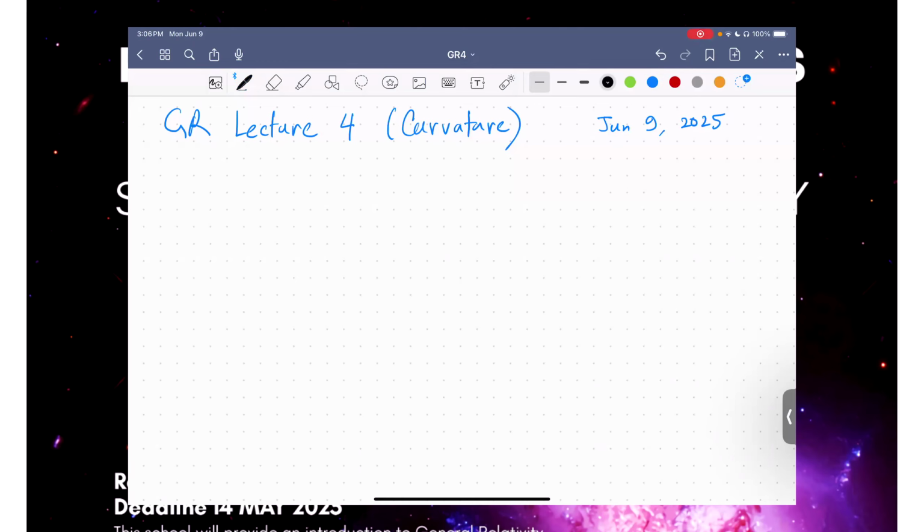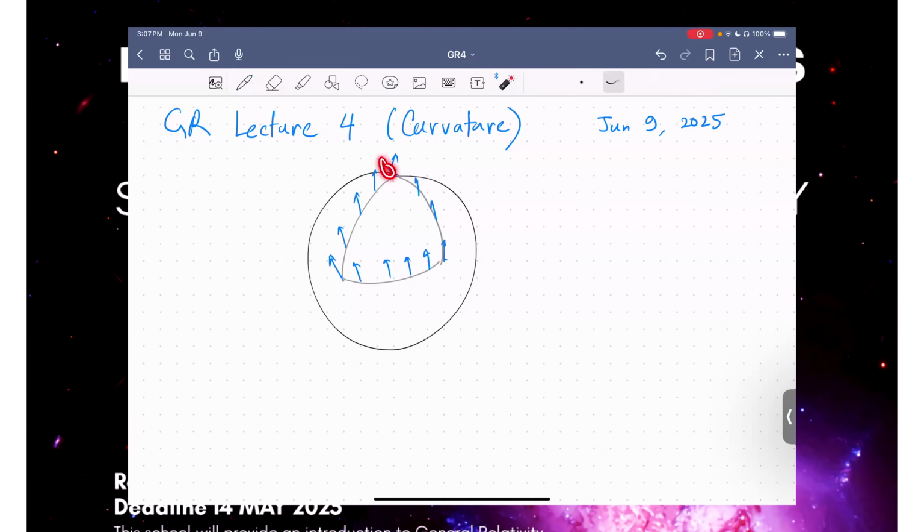So I think I drew something like this, and then there were curves that form a loop, and we said that we should be able to detect what's going on locally in a manifold by parallelly transporting vectors around closed curves, and then comparing what we find at the end of these paths.